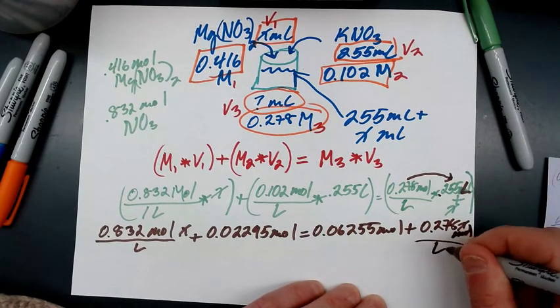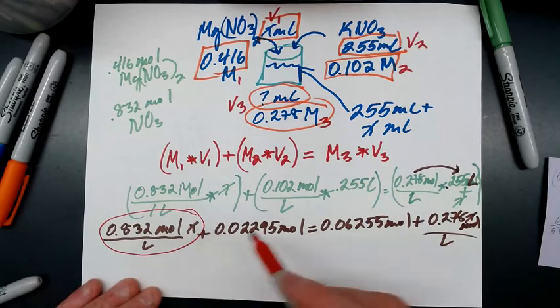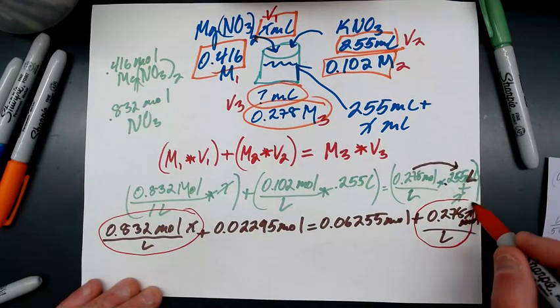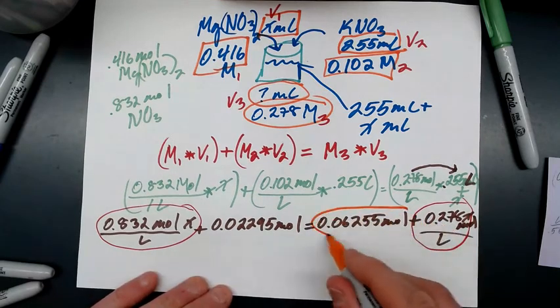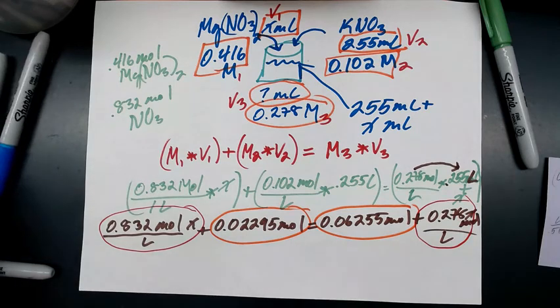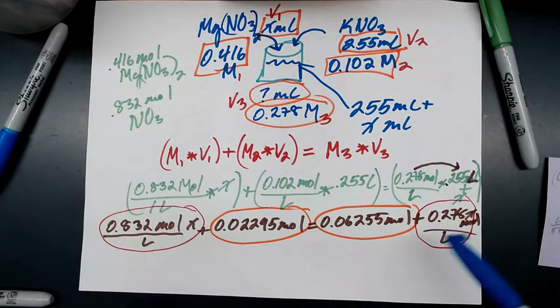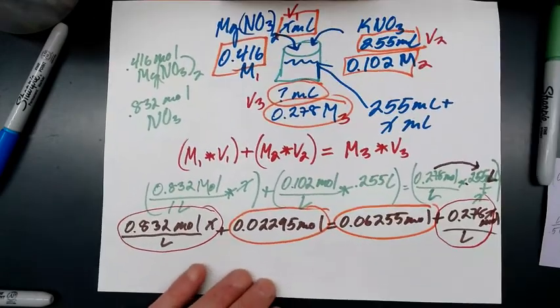Moles per liter. So what I'm going to do here is circle the two that have the X in them, and the other two I'm going to do in orange, and I'm going to combine like terms. So I'm going to subtract this number from that number. Since this one is a little smaller, I'm going to subtract it from that number. So I'm going to just give you totals here.